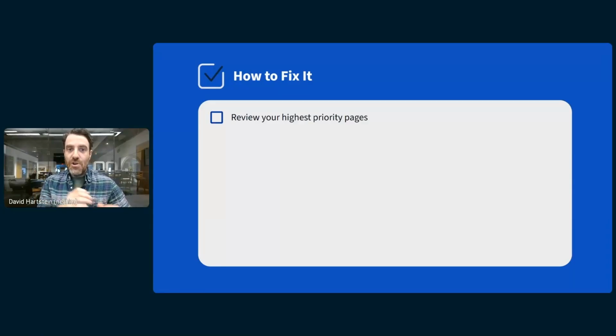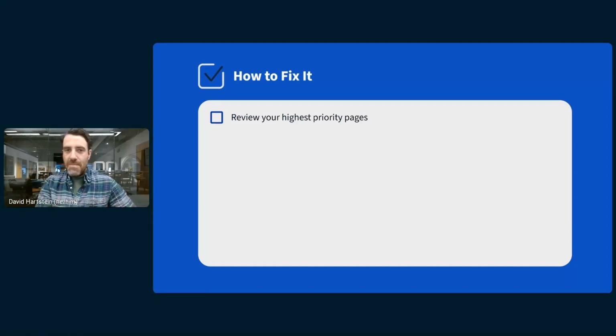Start by looking over your most important high priority pages. If your site is small, feel free to look through every page, but if your site is larger, think through those high priority pages. And when we talk about high priority pages, we're really thinking about pages that get the most traffic and also the pages that are most important to the key actions that your primary visitors are looking to take on your website.